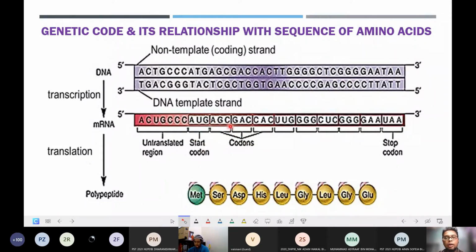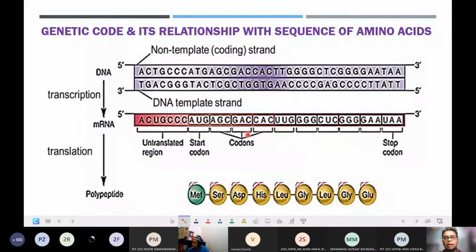These codons will later be translated through the process of translation, in which one particular codon will code for a particular type of amino acid. For example, the codon AUG will code for the amino acid methionine, and the codon AGC will code for the amino acid serine.